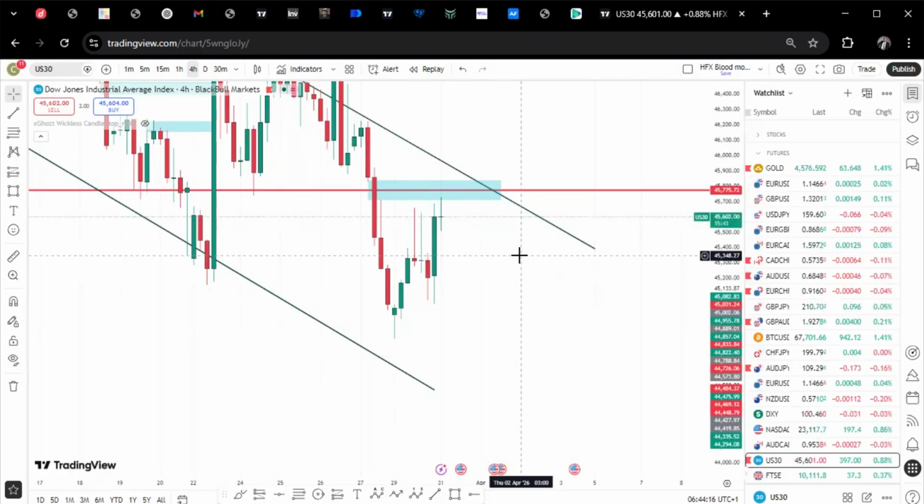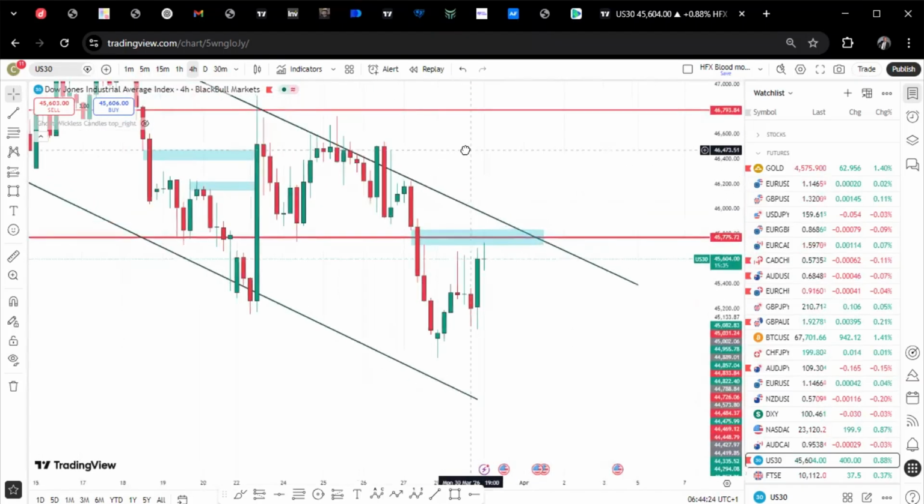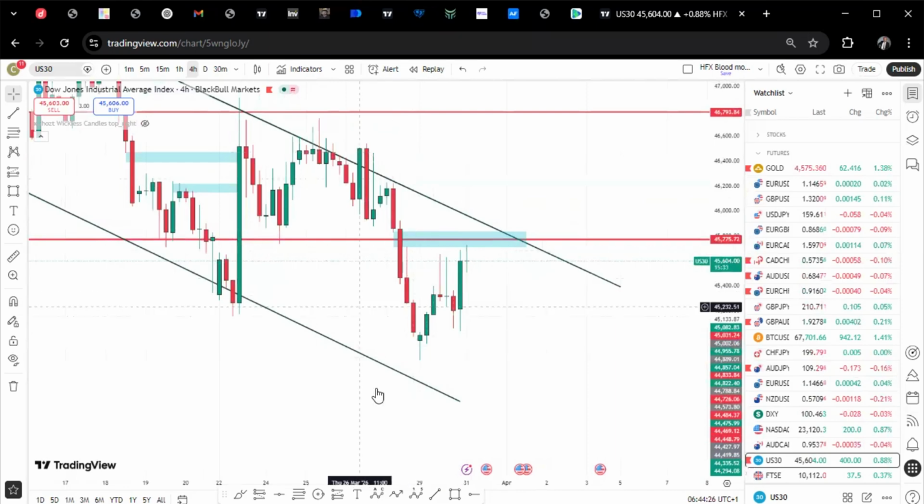So in that case, I will break down this chart to like 15 minutes so that I can get a perfect entry for our sell today. So I've gotten this. I'm expecting this area is my area of interest. So the next thing I will use is my Fibonacci, right?